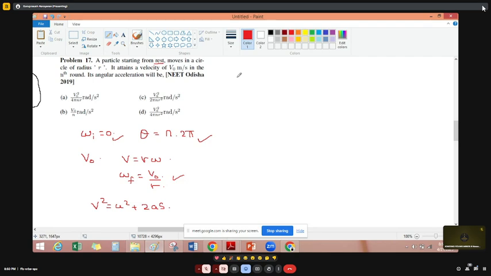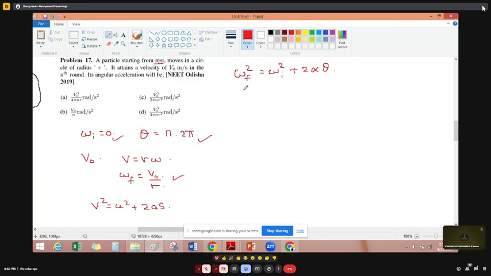And instead of this formula, I can use omega final square is equal to omega initial square plus 2 alpha into, instead of displacement, angular displacement, theta. That's all. So if you know to identify these formulas, it's very, very easy.